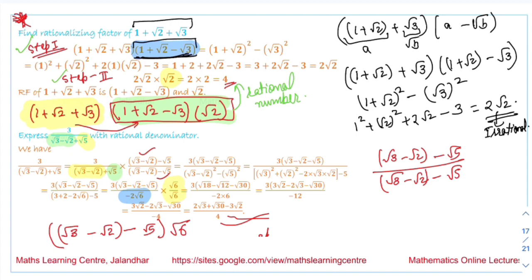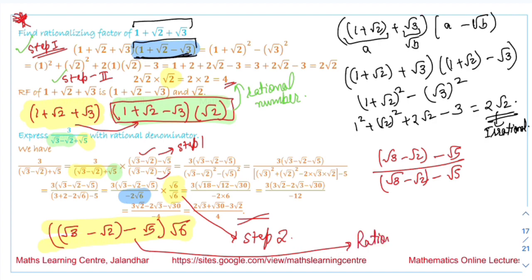After doing these two multiplications, we are saying this is step 1, this is step 2. So this whole term is the rationalizing factor, because the final answer we now get has a rational denominator.